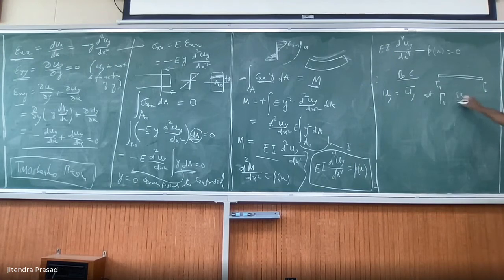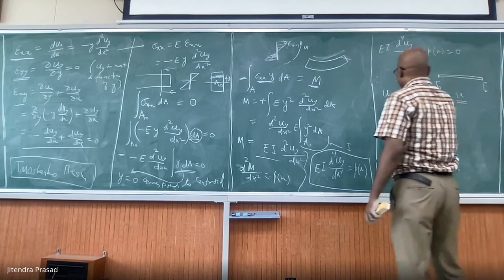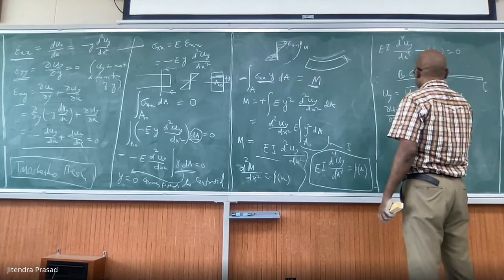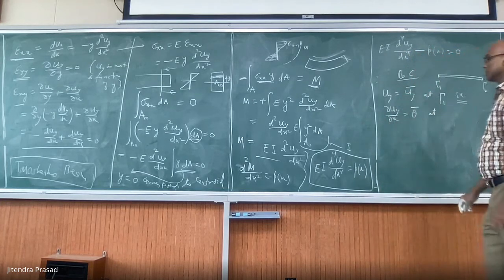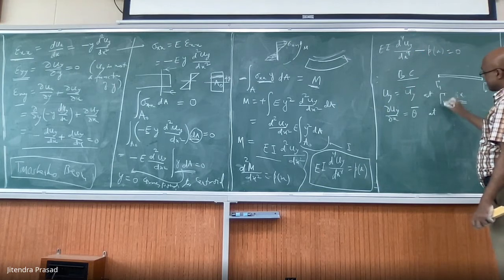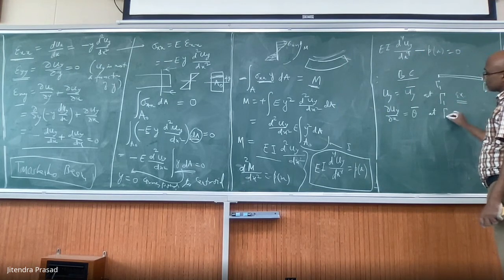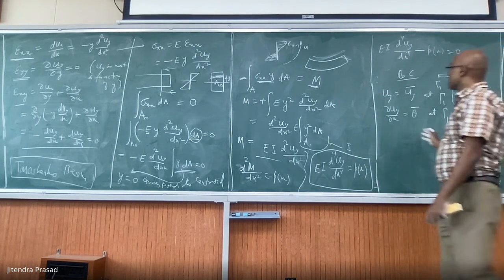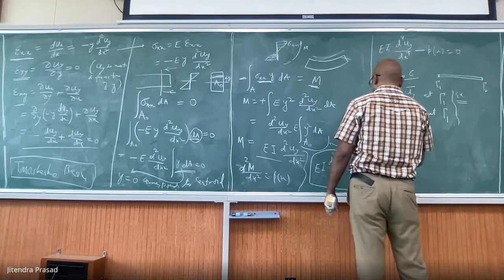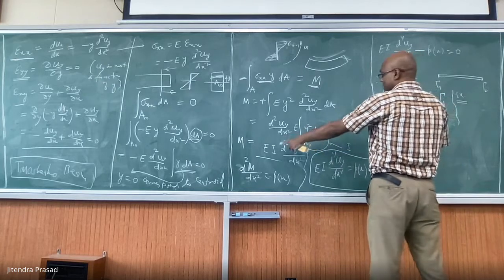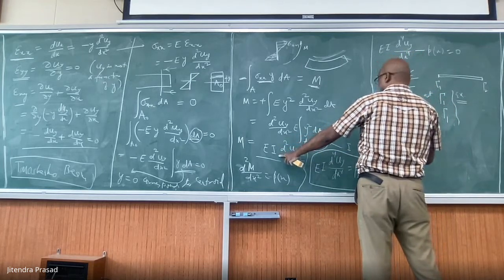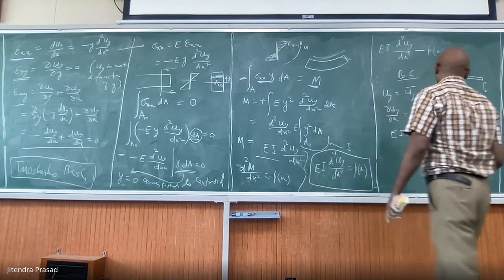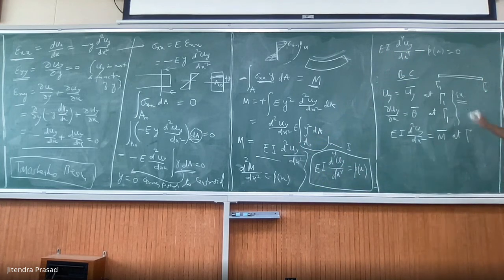These are all examples. We may also have dui over dx equal to theta given at gamma 1 or gamma 2, depending. At other places some moments may be given, so M is given: EI d squared uy over dx squared equals M bar at gamma 2.